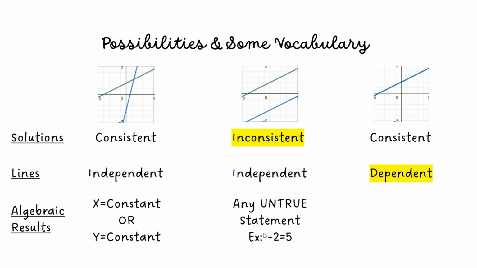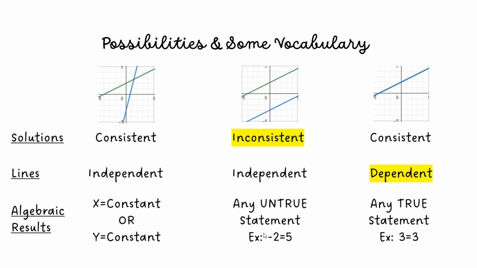So the example that I have here is -2 is equal to 5. If I were to get that answer when I was solving this out, I would have to step back and say to myself, well, wait a minute, does -2 equal 5? If it doesn't, if you get a statement that is not true, you have a system with no solution. So this would be inconsistent, independent, and it would be two parallel lines.